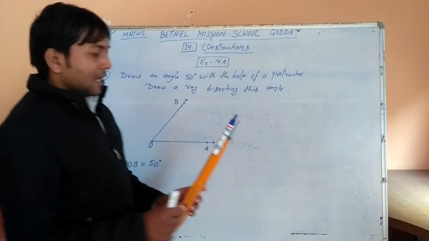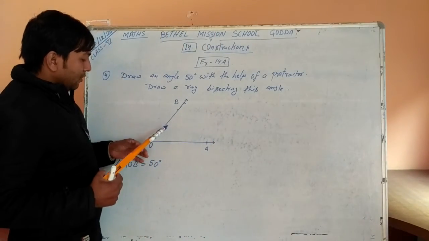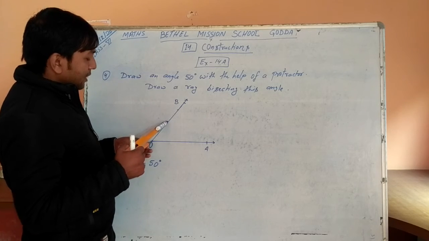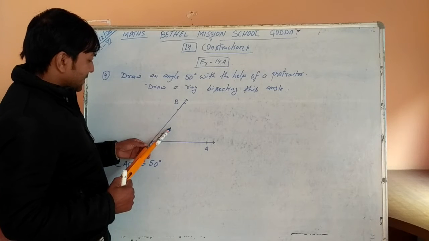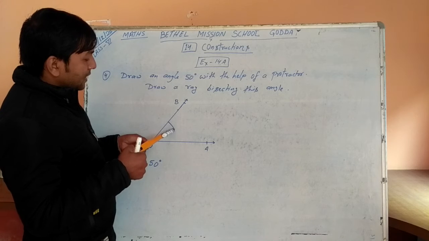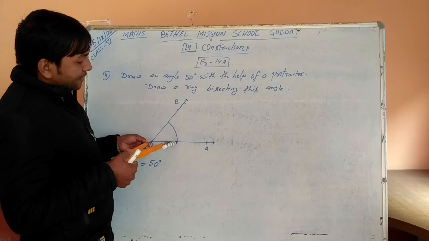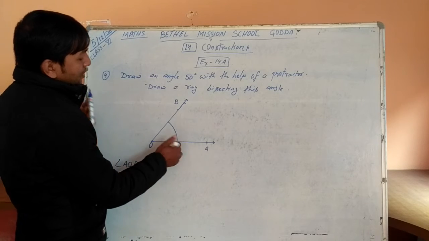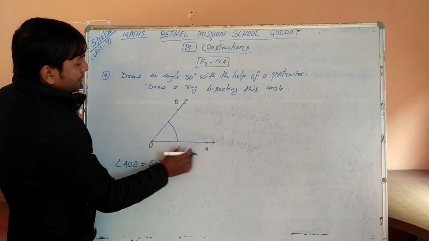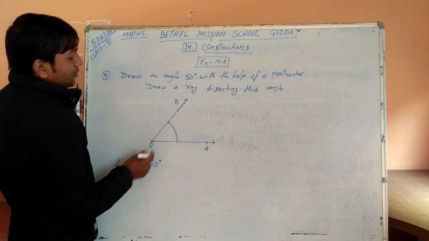Take your compass and put this one at the vertex, this point, and draw an arc which cuts both lines at 2 points. One is here, the other is here: OB at this point and OA at this point, okay?